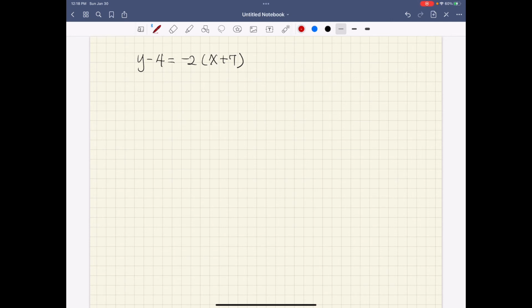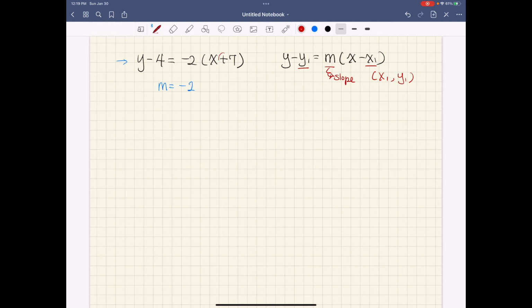Since point slope form is y minus y1 is equal to m times x minus x1, where m is a slope and x1, y1 is a point, we can just write from this equation, slope is equal to negative 2.